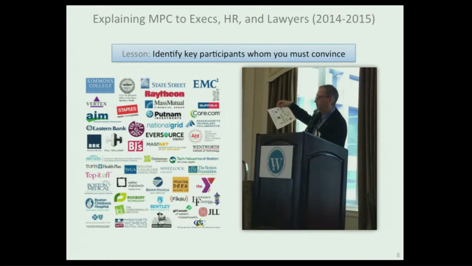So a lot of companies asked questions about MPC, but they asked different kinds of questions, right? There's a variety of different companies represented here with a variety of different skills and sophistication in math and science backgrounds. Some of the more scientifically and mathematically inclined companies asked us a bunch of questions, such as the finance folks, like State Street on the top line, or technology companies like Raytheon BBN.